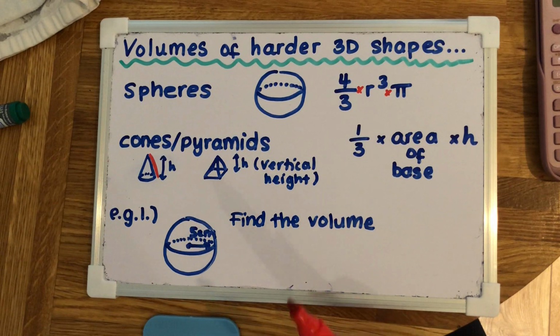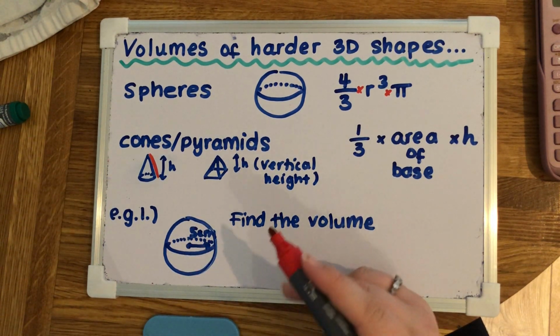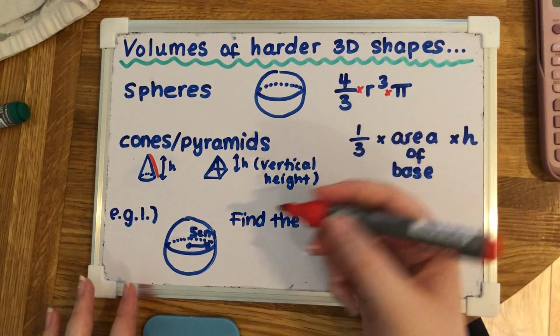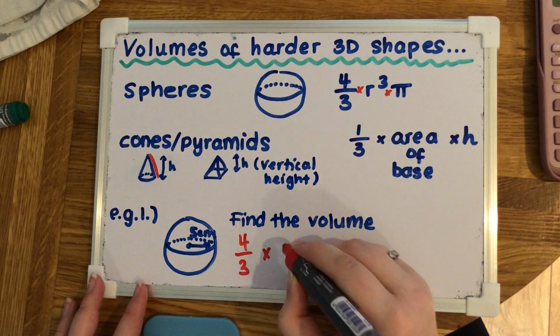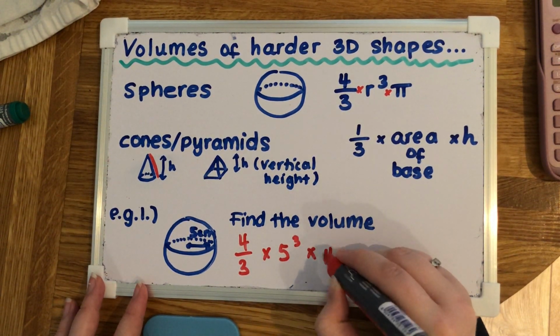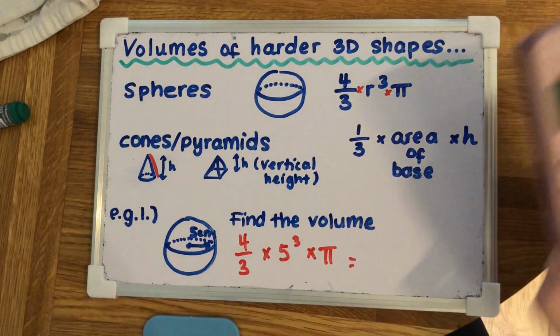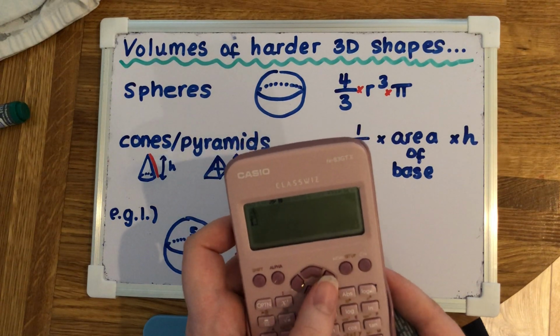With this sphere, we've got a 5 centimetre radius because it's from the middle to the outside. So all we do is substitute it into the formula. 4/3 multiplied by the radius, which is 5, and we cube it, and then we multiply that by pi, and then we just type it in. All of my answers I'm going to do to one decimal place.